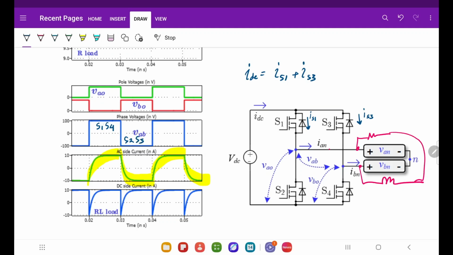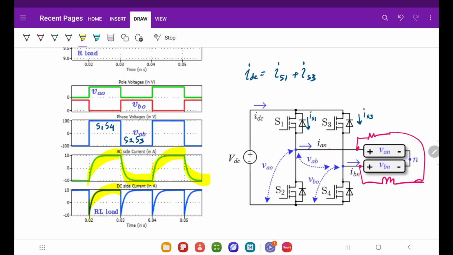You can see that the current IS1 will be the AC side current, and the load current will be the IS1 current. So it replicates whatever the source current is as the DC side current.